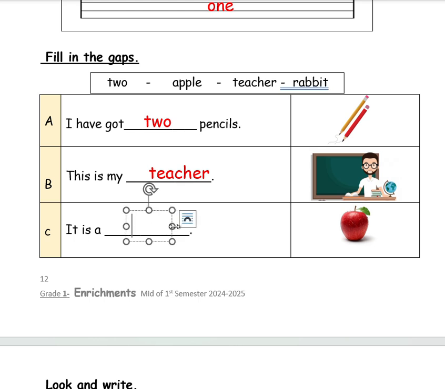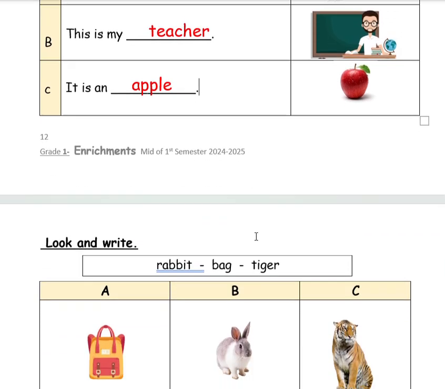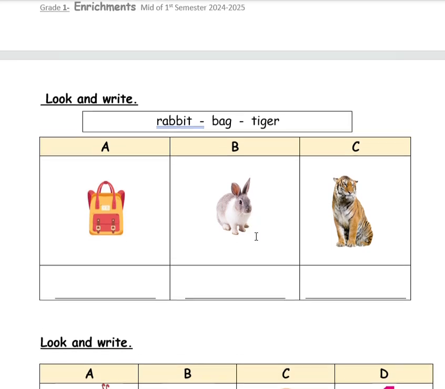And the third picture or gap, it is an apple. So I write here apple this way. Okay.